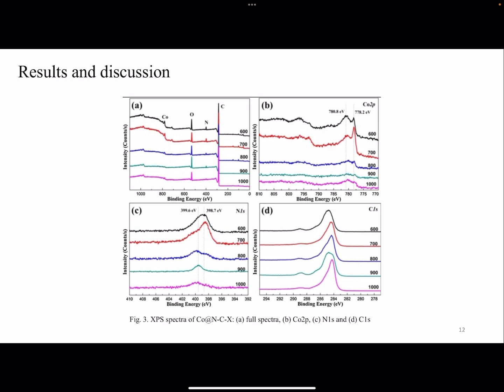And without enough nitrogen to anchor them, the cobalt species aggregate into larger particles, which is why the 700 degrees Celsius sample with a higher nitrogen content maintains a more optimal structure than the 1000 degrees Celsius sample.